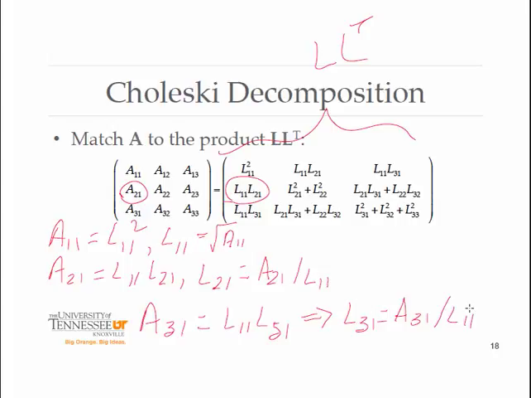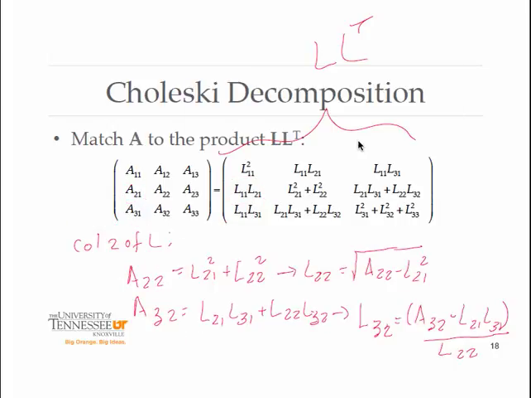Having determined the relationship between the first column of L and the original matrix A, what I'm showing you here is how you would get the relationships for the second column of L. Again, all we're doing is matching up how A22 is related to the factored form of L times L transpose, and that equality is given here, which would imply, if you were to solve for L22, that you would need the square root of A22 minus L21 squared.